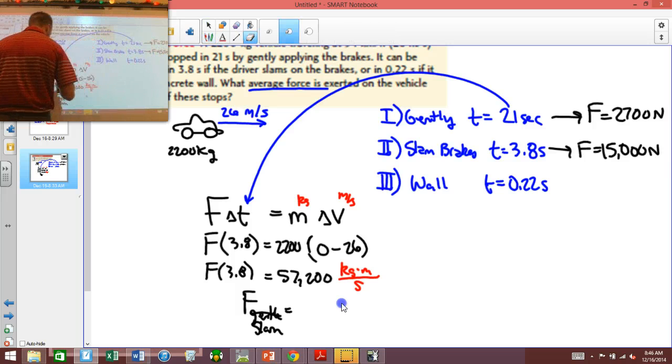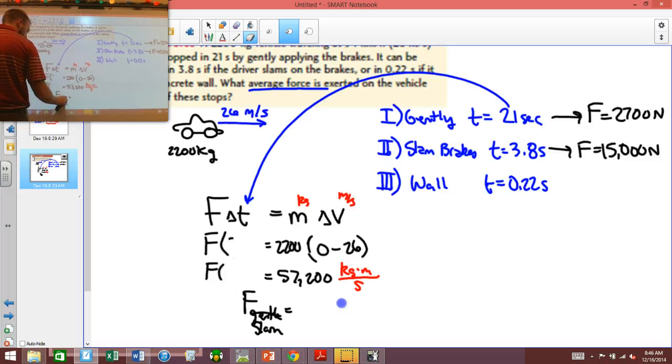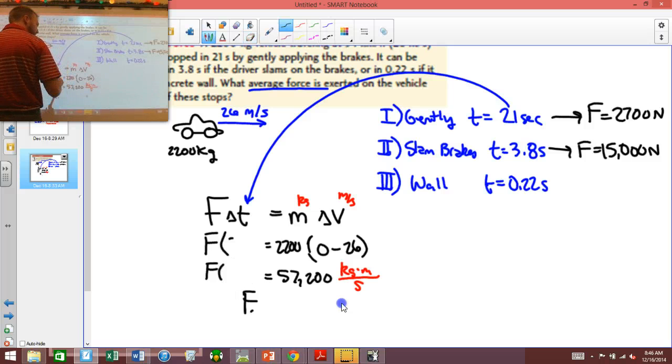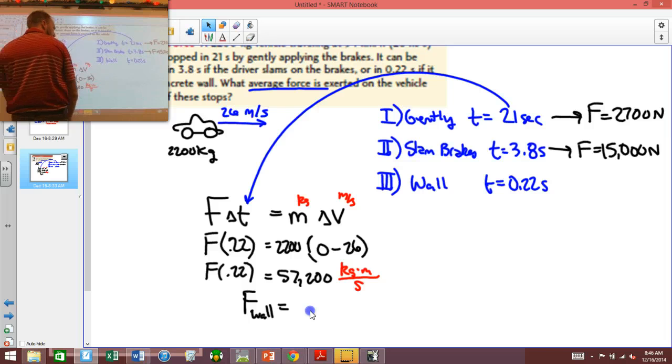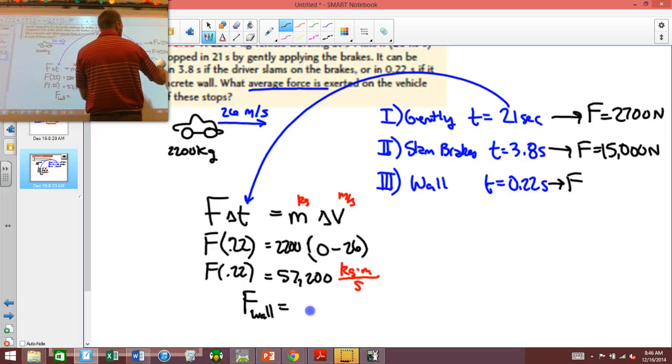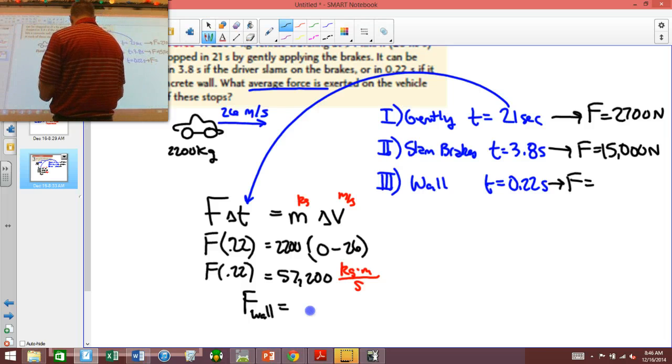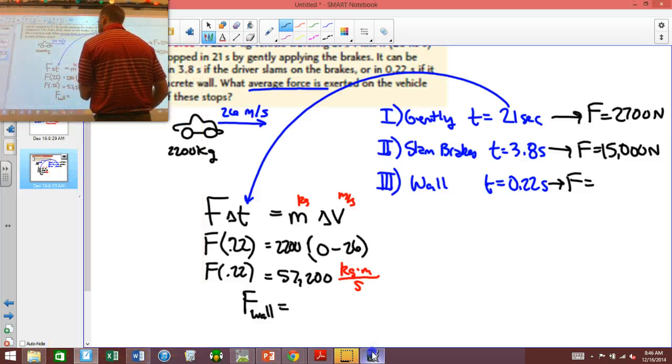And then lastly, hitting a wall, 0.22. So I take my number, x, and I divide by 0.22. I like that, storing a number as x so I don't have to retype it in. It makes doing this a lot easier. 286,000. What was it again? 286,000.